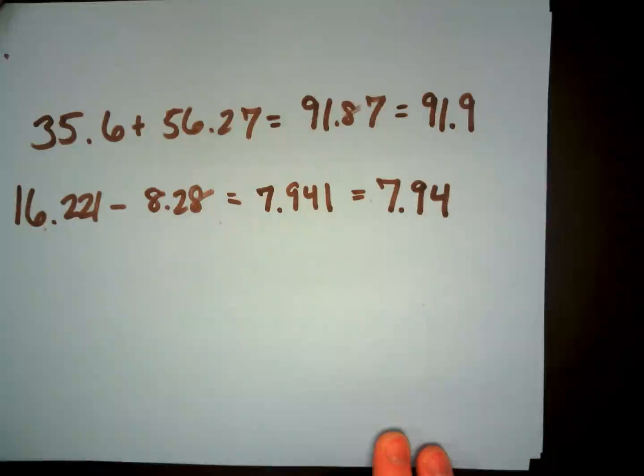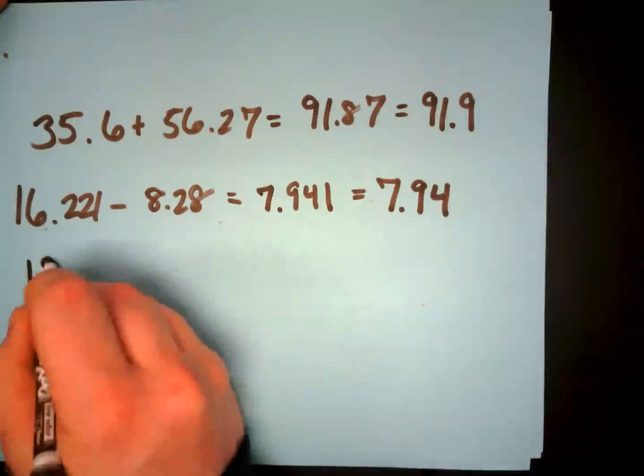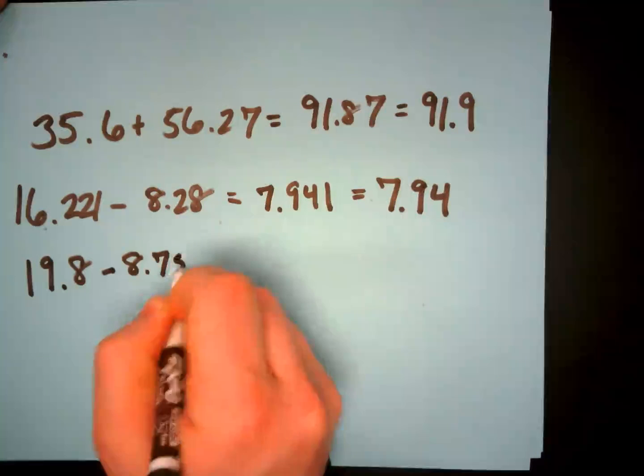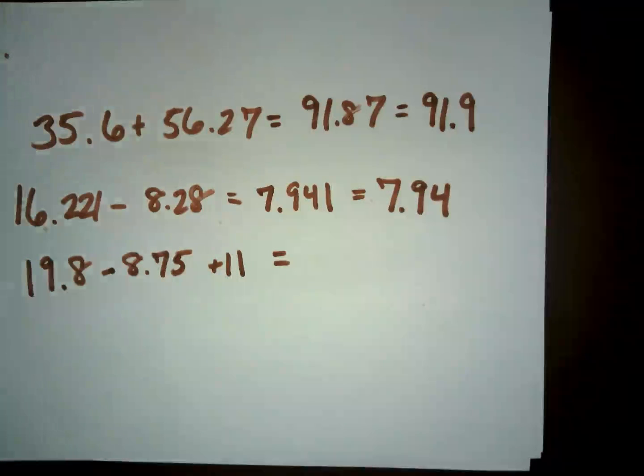Let's do one where we do both operations together, and we are going to add one that does not have a decimal, and figure out what to do with that. Okay, looking at this, excuse me, sorry about that.